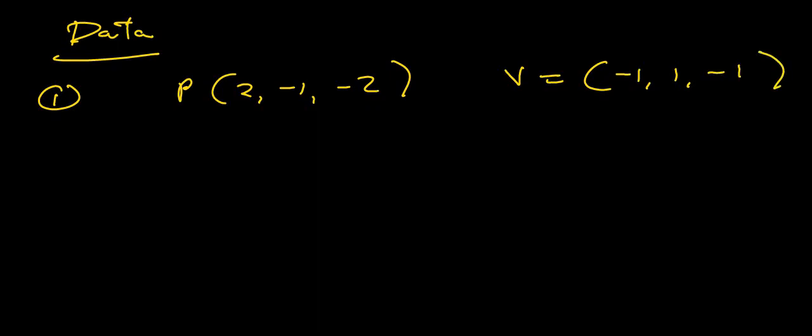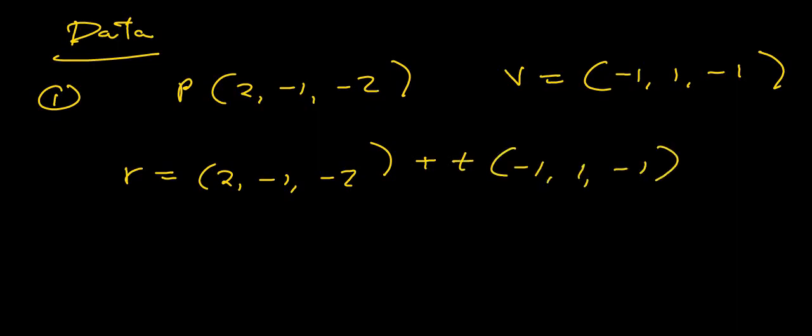So the vector equation should be, let's call our vector r, since v is already used. It's going to be this point here, then plus t times this vector here, -1, 1, -1.